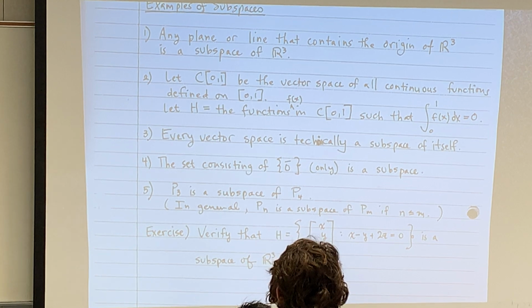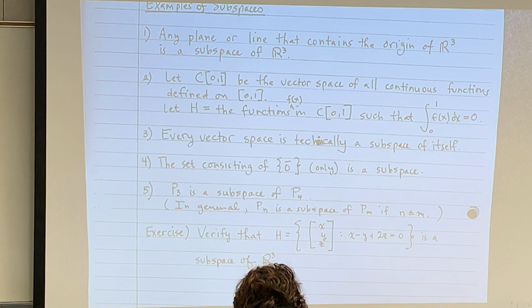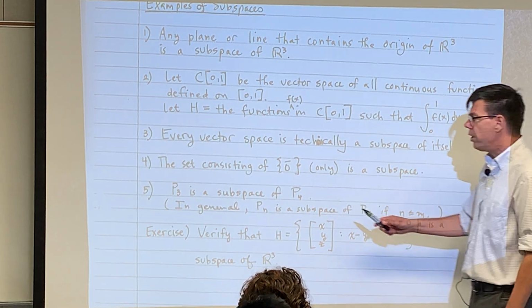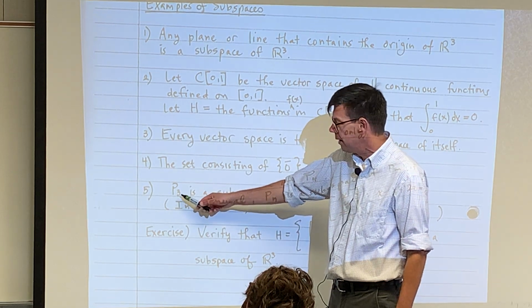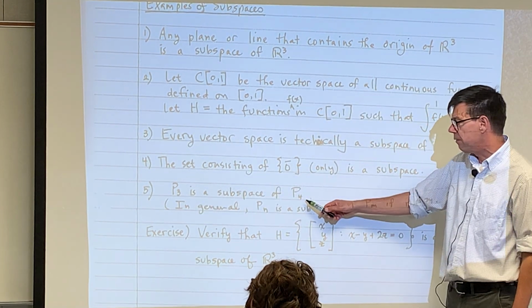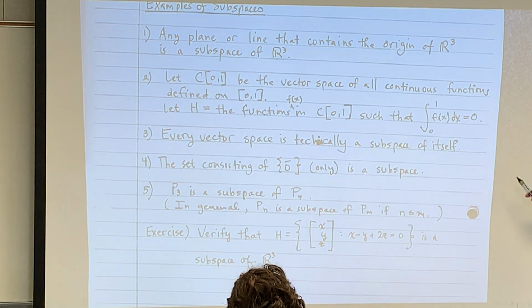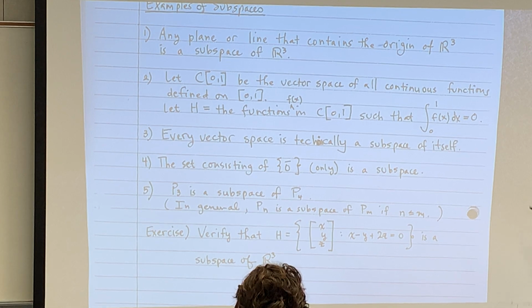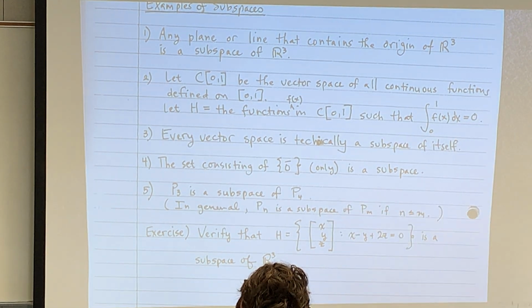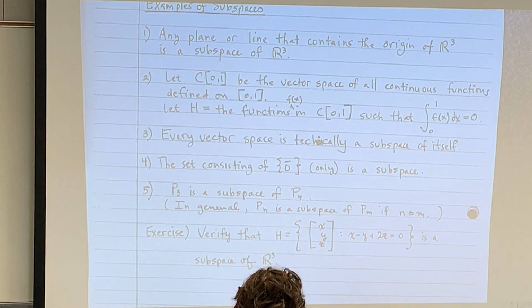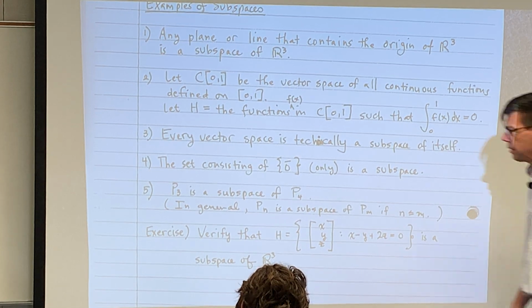And example 5, P3, this set of all polynomials of degree less than or equal to 3, can be thought of as a subspace of P4, which is a subspace of P5, which is a subspace of P6. And we're going to keep coming back to these P sub n's. So just in general, Pn is a subspace of Pm if n is less than or equal to m.